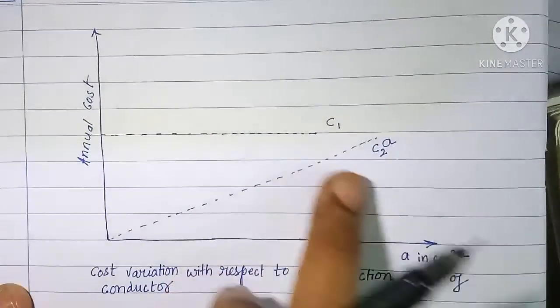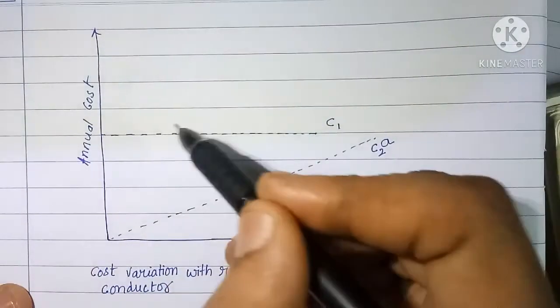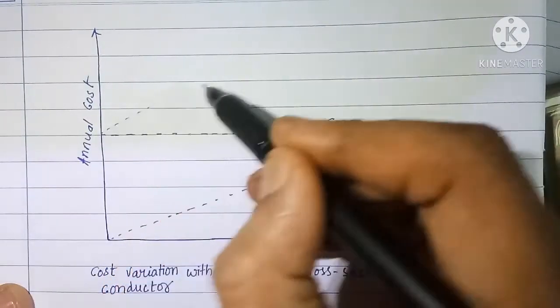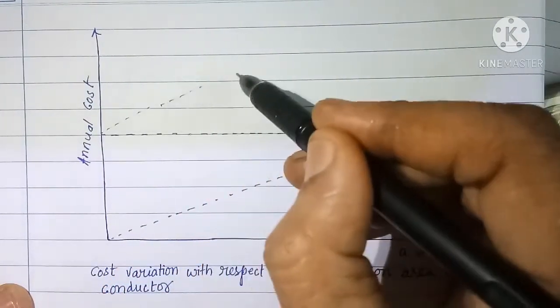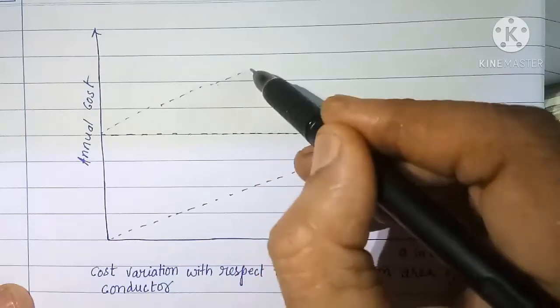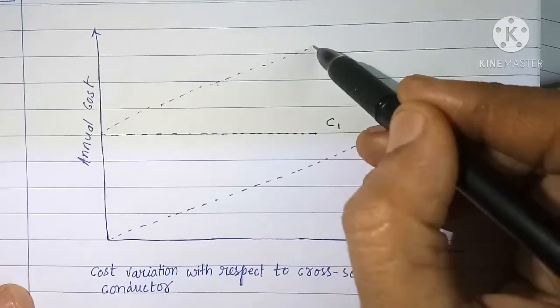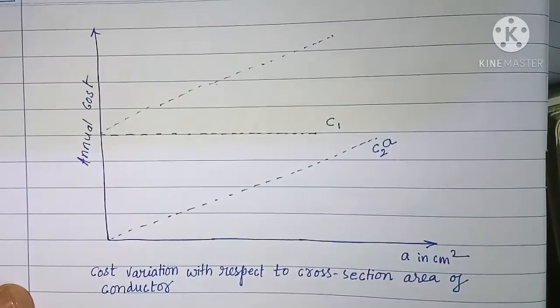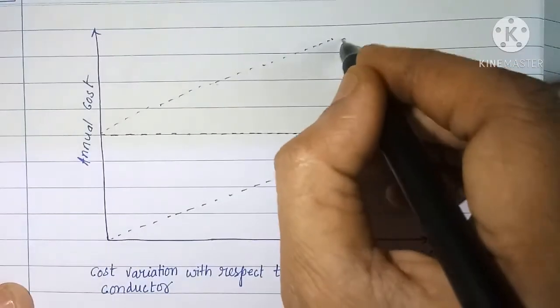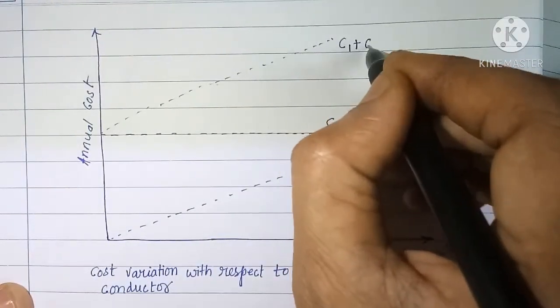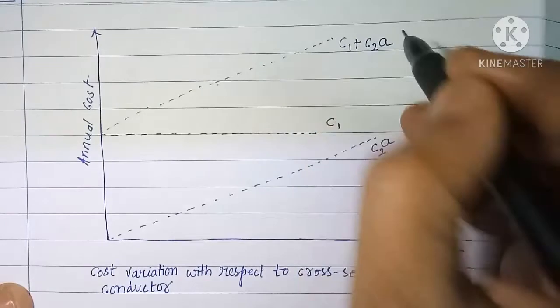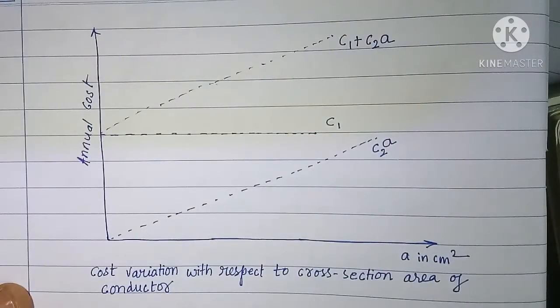If we add C1 and C2A, we get C1 plus C2A.